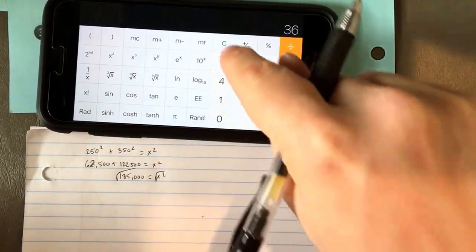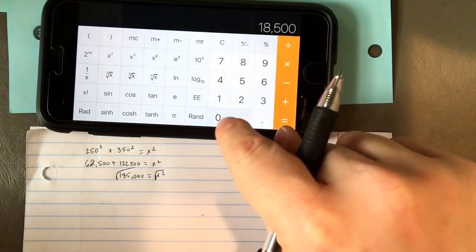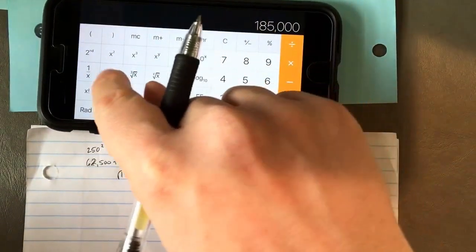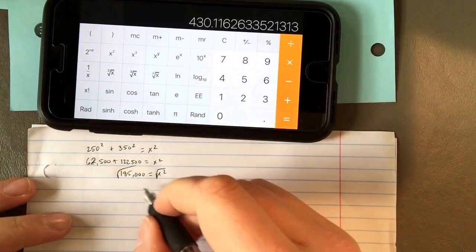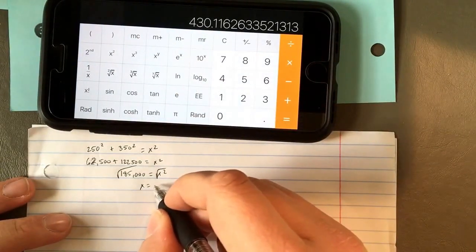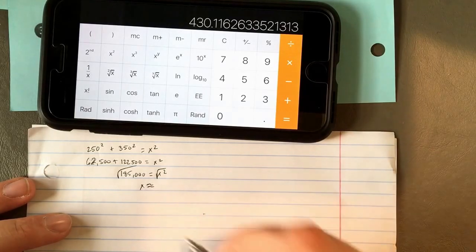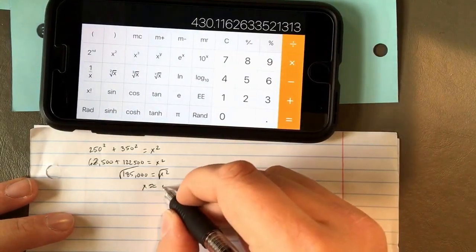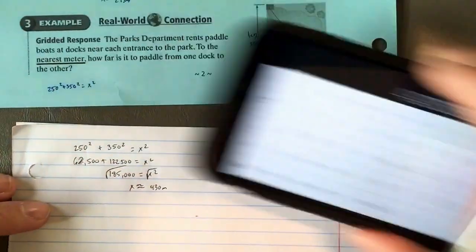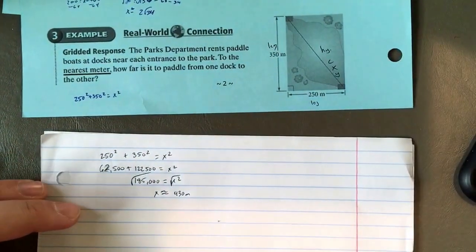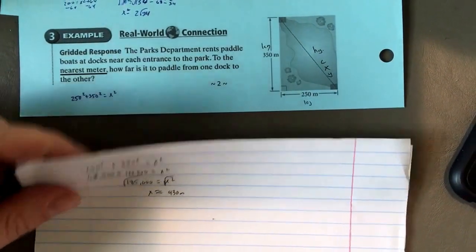We're going to take the square root of that and round to the nearest meter, so x equals about 430 meters. And that is what the distance across the lake would be, roughly.